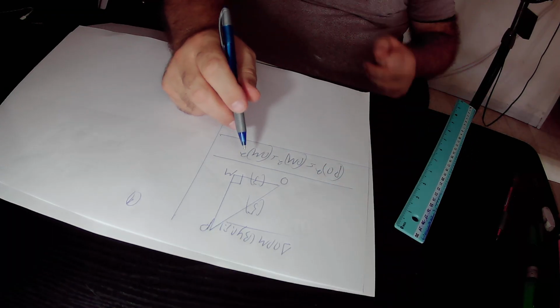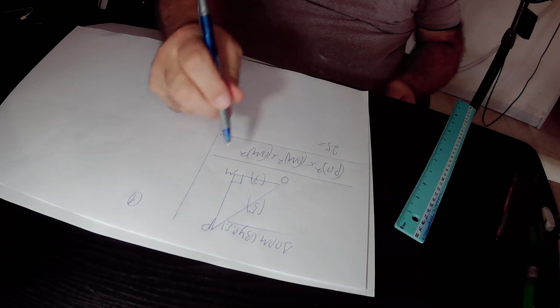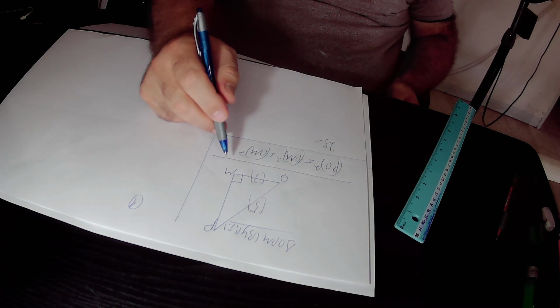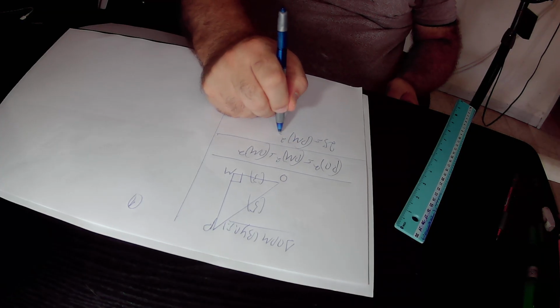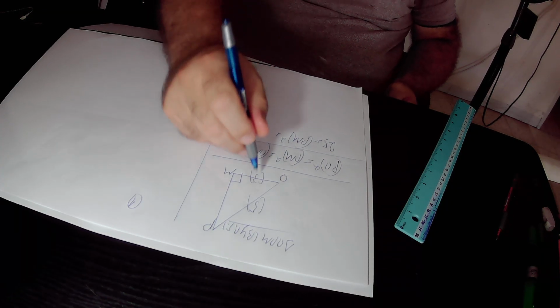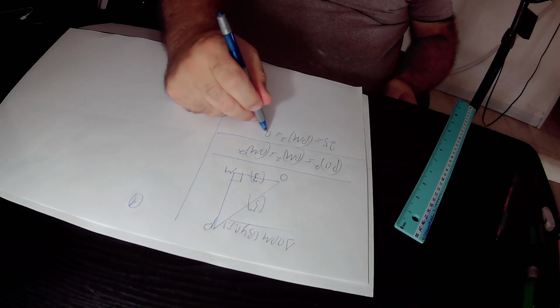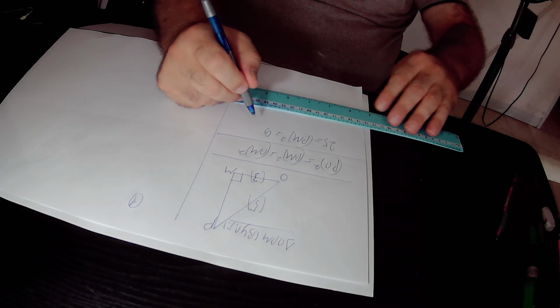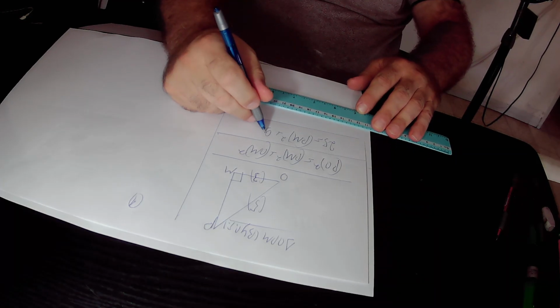PO is 5, therefore PO squared is 5 squared, that is 25, and it equals PM squared. PM is the missing side, so we leave it as it is. So it is PM squared plus OM squared. OM is 3, therefore OM squared is 3 squared, that is 9. So in total 25 equals PM squared plus 9.